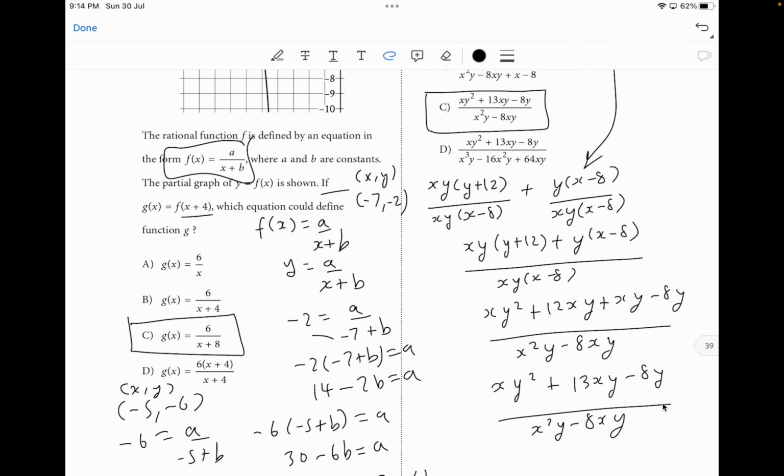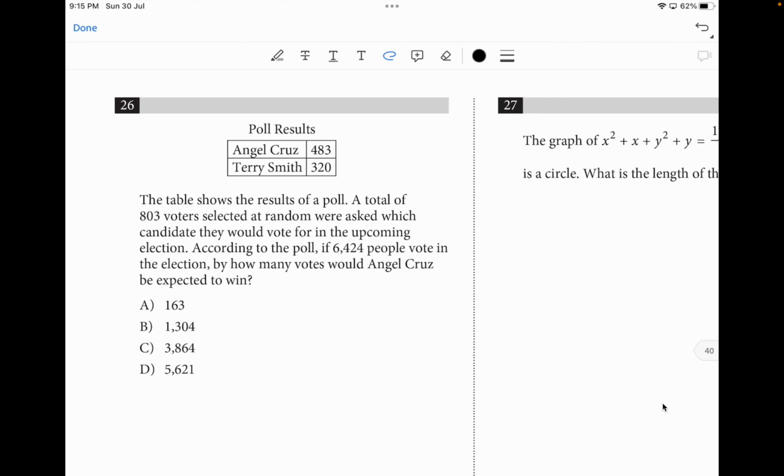So what we're going to be doing is that since it's given to us that 483 out of 803 voters responded that they would vote for Angel Cruz, therefore the proportion of voters from the poll who responded that they would vote for Angel Cruz is going to be 483 by 803, right?